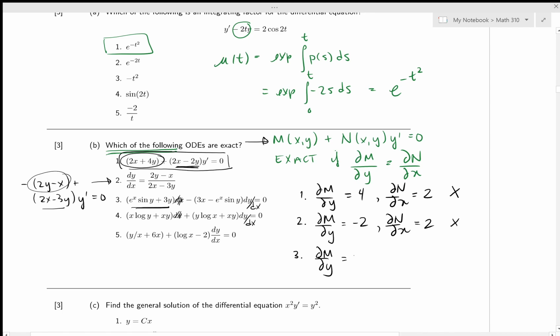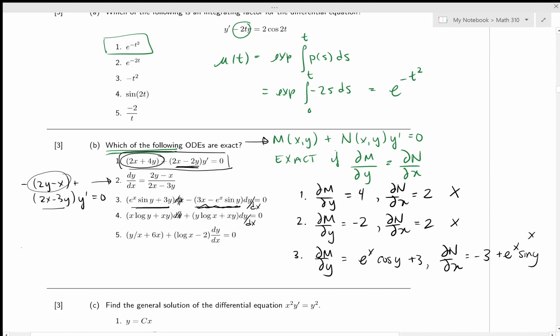So I get e to the x cos y plus 3. And then I take the derivative with respect to x of N, which is that one right there. And that is going to be minus 3 plus e to the x sine y. I have failed to find another one that's exact.